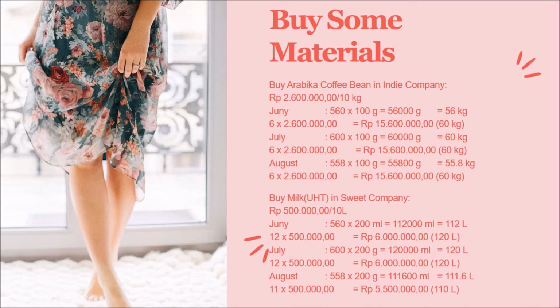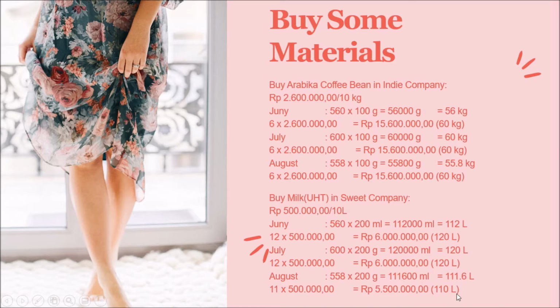So after June, we only use 112 liter, so we have 8 liter left, and the 8 liter can be used to cover July and then August. In August we only use 1.6 liter, so we will cover this.